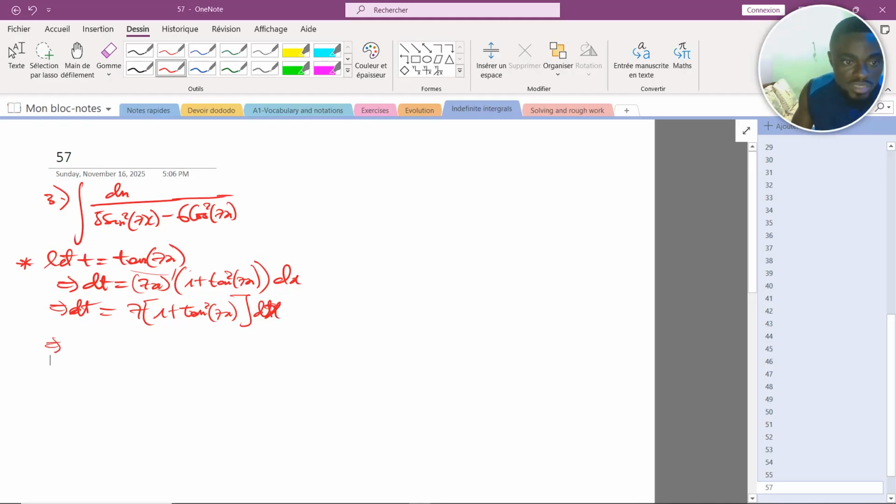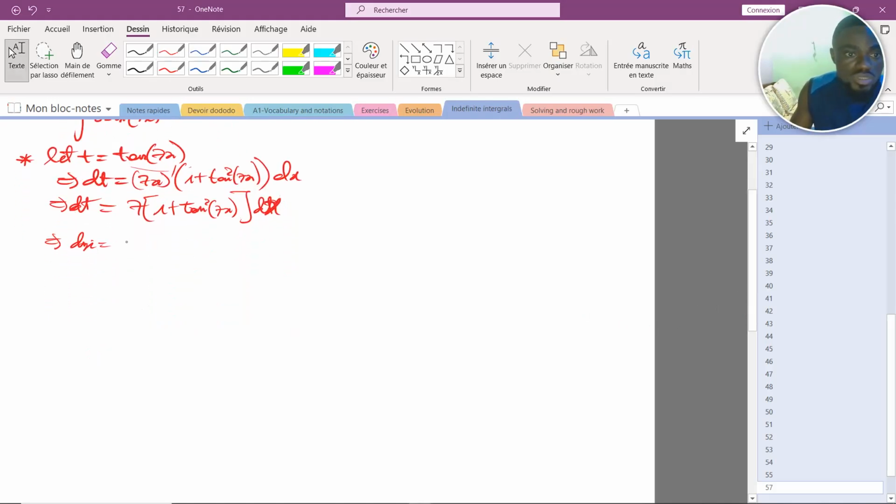So this implies my dx will be equal to dt on 7 into 1 plus tan square 7x.